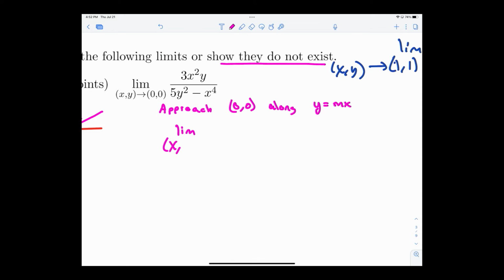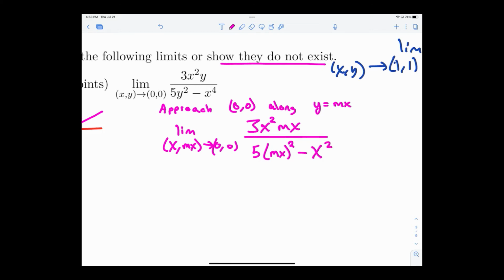X will just be x, the y will be mx. Then we plug in y equals mx: the y on top is mx, and on the bottom, the y is mx and the x is just x.